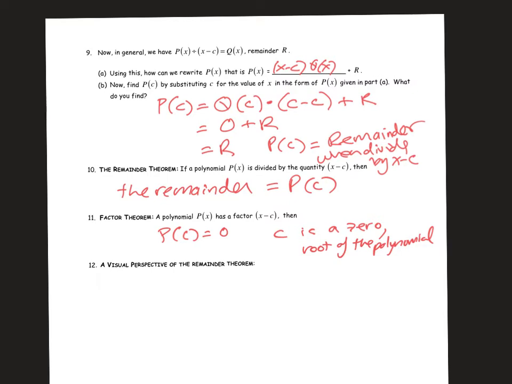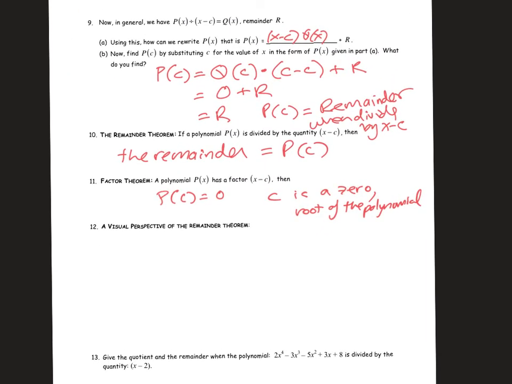Okay, so let's talk about a visual perspective of this remainder theorem. Why does it make sense that the y-coordinate of the function at x equals c is the same as the remainder when I divide by x minus c? I'm going to draw a little axes here. Remember, if x minus c goes in evenly, then c is a zero, so there's no remainder, and c would be an x-intercept.